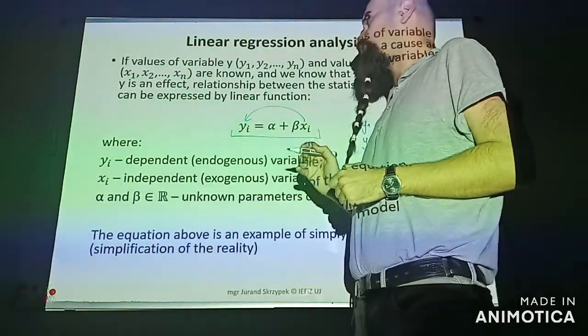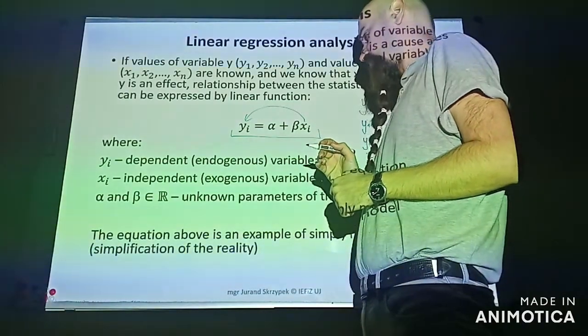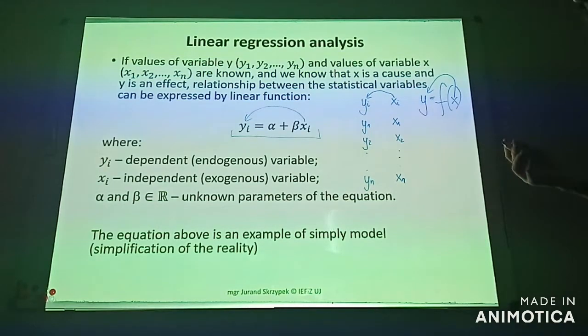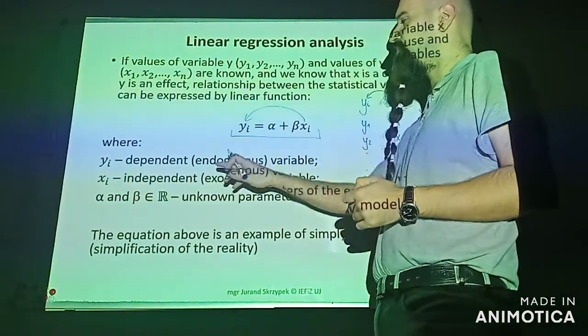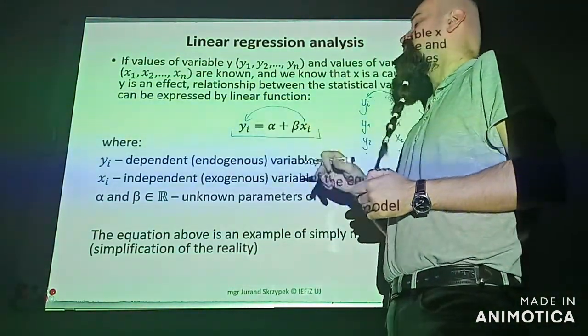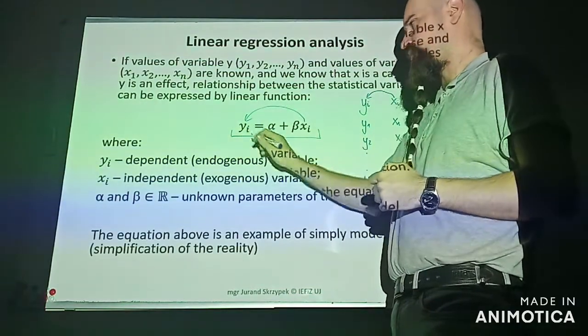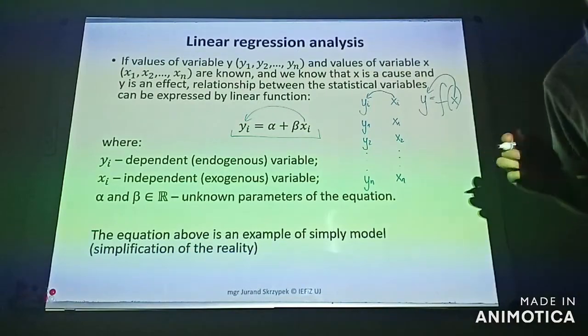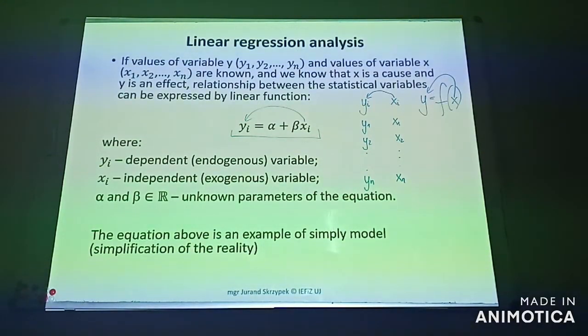Y is called dependent or endogenous variable because, as I said before, x has an influence on y. It also means that y is dependent on x.